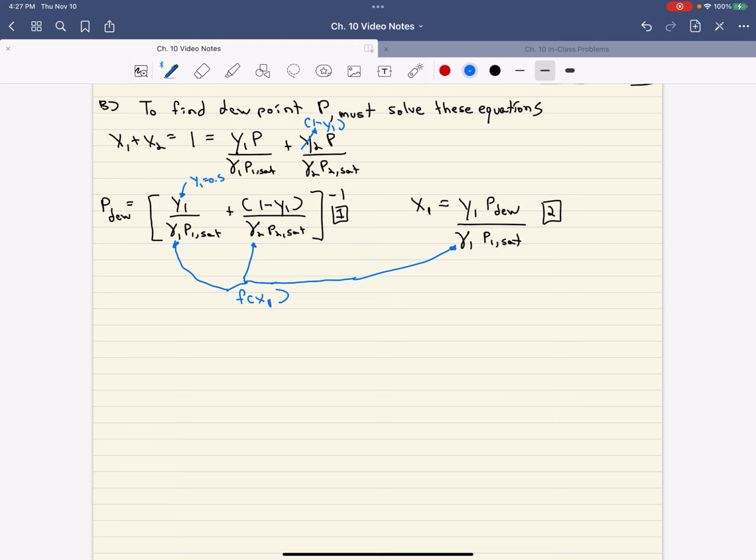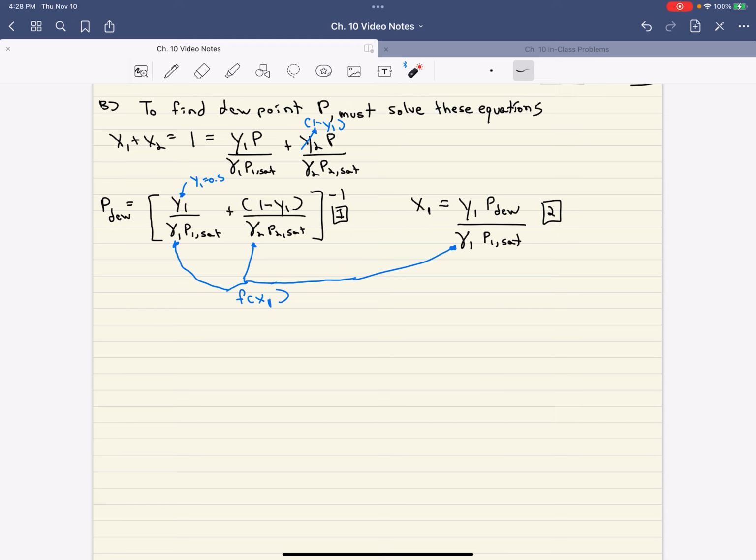Right? And so now we have, when we're dealing with just the simple ideal Raoult's law case, we could solve all these things. We had to solve them simultaneously, but at least they were sort of like linear equations. Now we're dealing with equations that now have exponentials of x1s in the denominator, right?